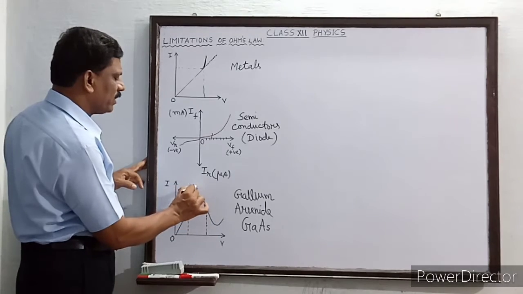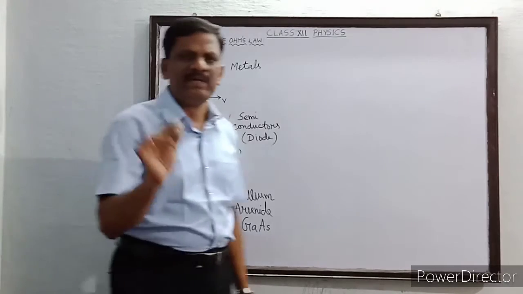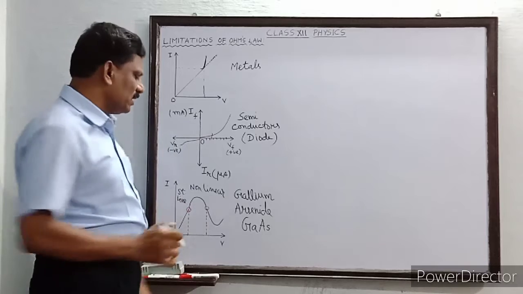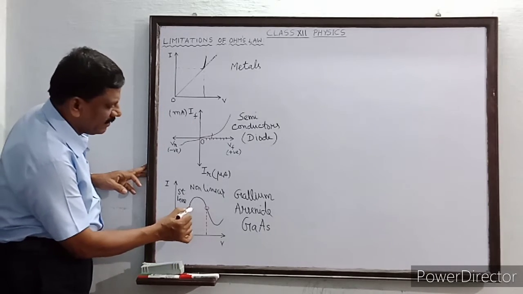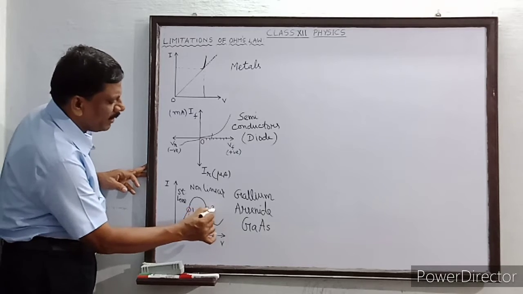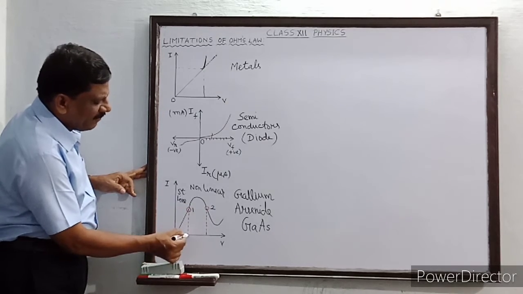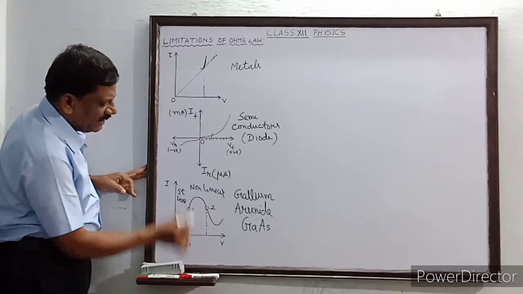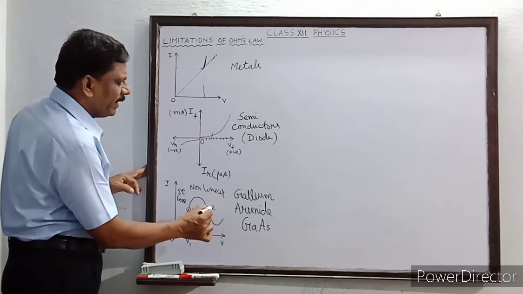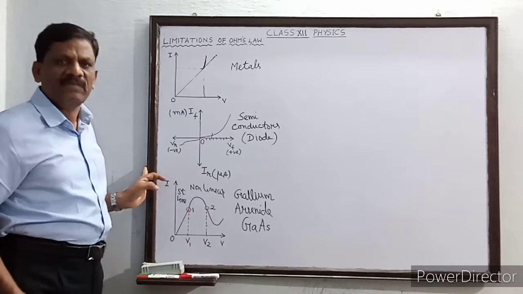So this portion is non-linear. Also, one very important observation you must notice here: say this is point 1 and this is point number 2. If you project point 1 on the x-axis, this current is measured at a voltage V1, and point 2 projected on the x-axis corresponds to a voltage V2.